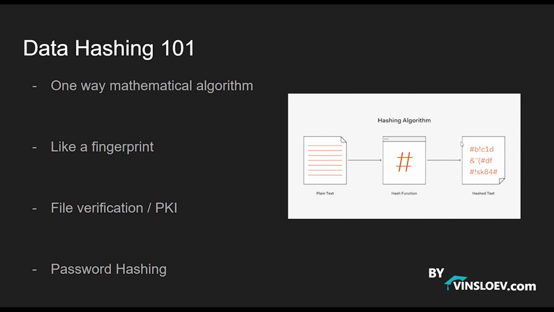So for example, when you download a file from a website, you sometimes will see that it has an MD5 hash underneath or somewhere in the browser, and that is because after you have downloaded the file on your machine, you can run it through an MD5 algorithm as well, and if you get the same hash value, you know that no one has tampered with this file on the way, meaning that the file has come completely from the server of this website to your computer, and there is not a man in the middle who has switched the file around so that you get some malicious files on your computer.